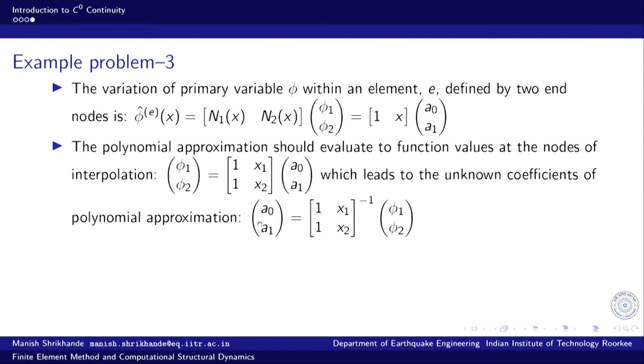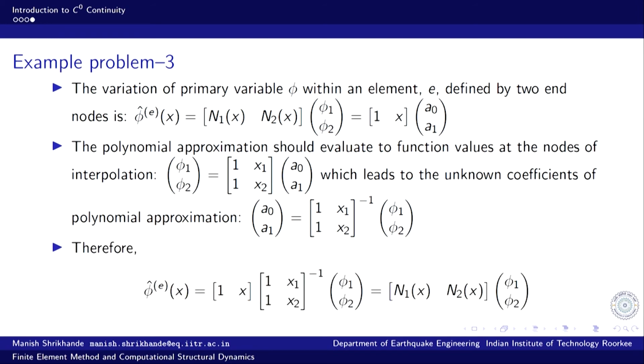Now, these a0, a1 that we have evaluated, we can substitute back into the polynomial approximation, and that leads us to the basic approximation of the problem, that is the polynomial variation 1, x. So, the constant term and linear term are multiplied by these coefficients.